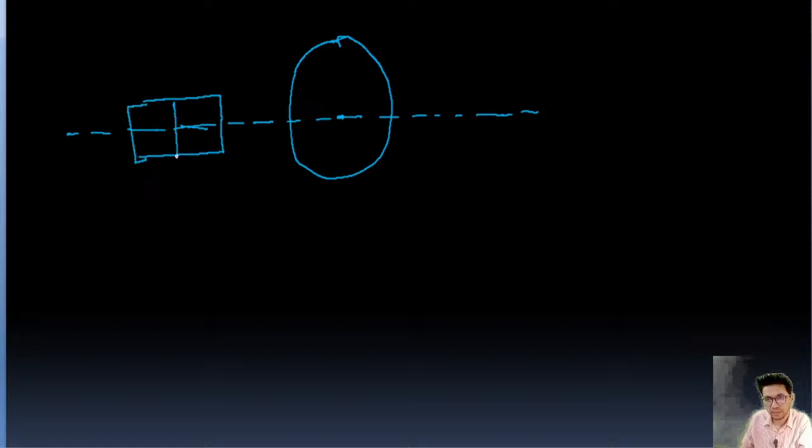And this is the center of the circle, which is the origin. And we have the magnet. This is a magnet we have. Okay, this is the south pole and this is the north pole.